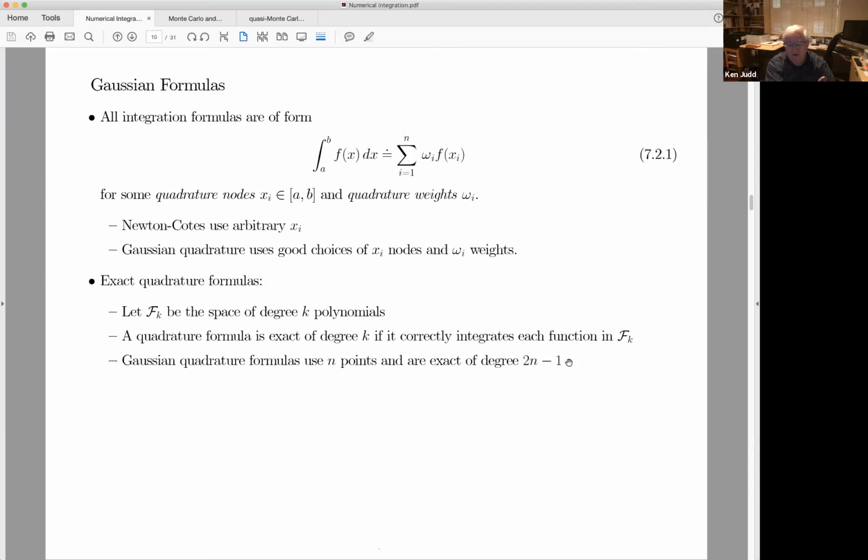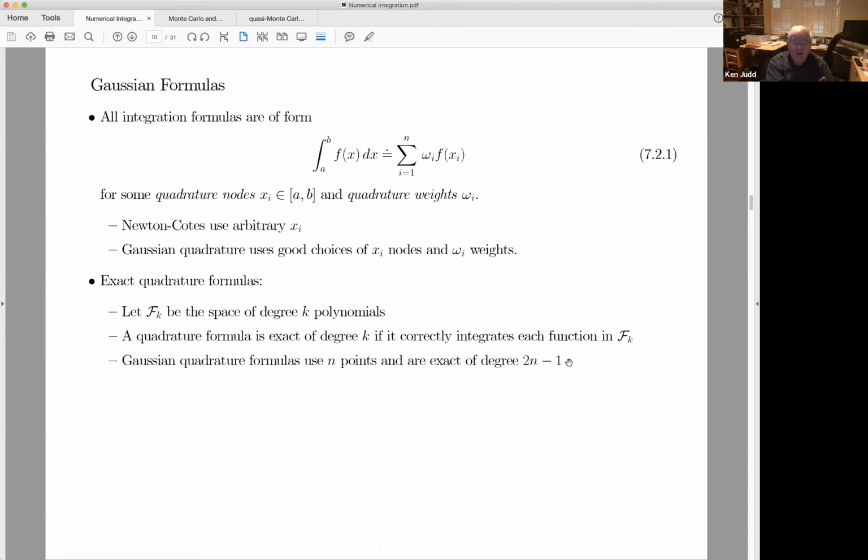Well, what's the integral of any constant over that interval? If you have a constant a0, then the integral over -1, 1 is 2a0. Now, what if the monomial term is a1 times x? What's the integral of a1 times x over that interval? Well, it's 0. The integral of x over -1, 1 is 0. It doesn't matter what a1 is.